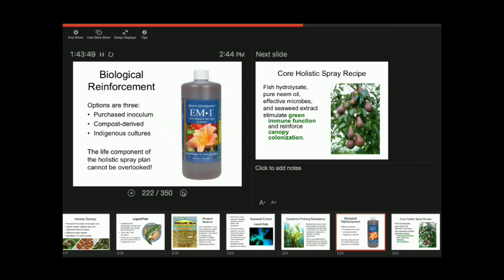There's other ways to do this. I've mentioned compost tea. If you're a follower of Korean natural farming, there's a technique of utilizing rice placed out on the forest floor to get lactic acid bacteria. And I don't care how you do it, but you need to have the microbe component. You need to understand that that's a really key piece of this holistic approach.